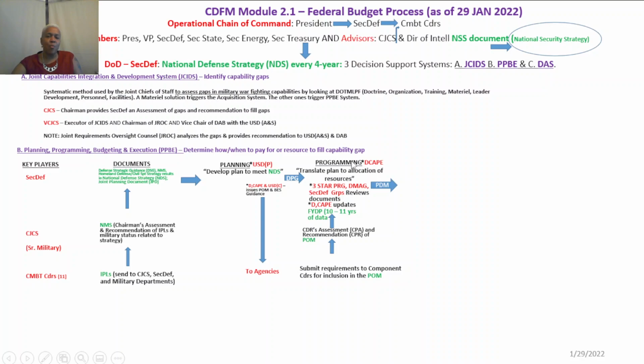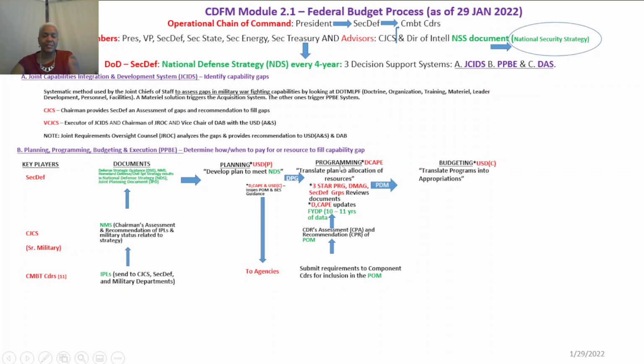At the same time, while this is going on, the budget side is going on, budget estimate submissions. At the DoD level, the Under Secretary of Defense Comptroller is in charge of the budgeting phase of PPBE. The purpose of the budgeting phase is to translate these programs.